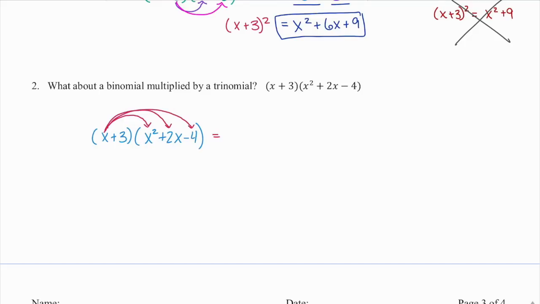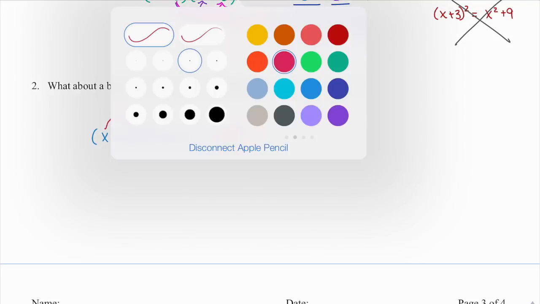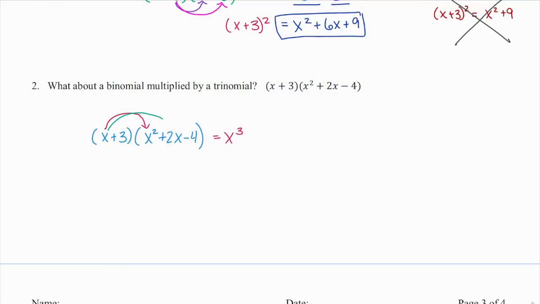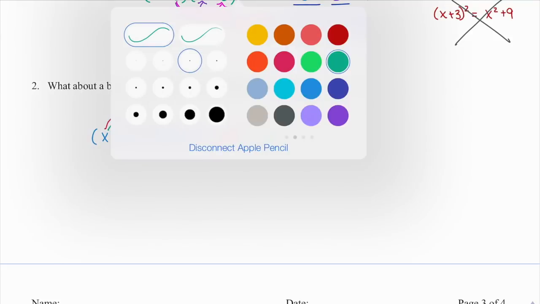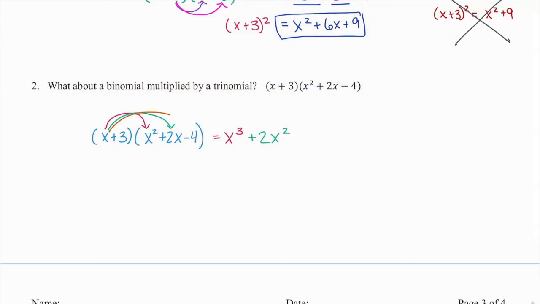So I get x times x squared is x to the third. x times 2x is 2x squared. This might help if I use different colors, which is going to make the video a tad longer, but I'm trying to help you out here. So I'm going to have x times x squared, x to the third, x times 2x, which is 2x squared, and I have x times negative 4, which is negative 4x.